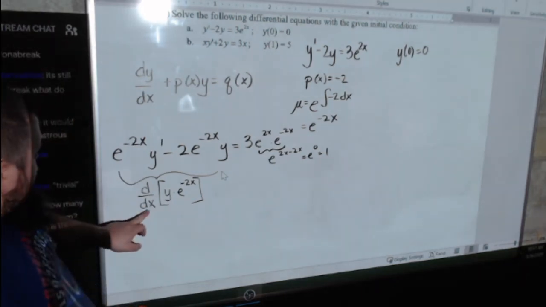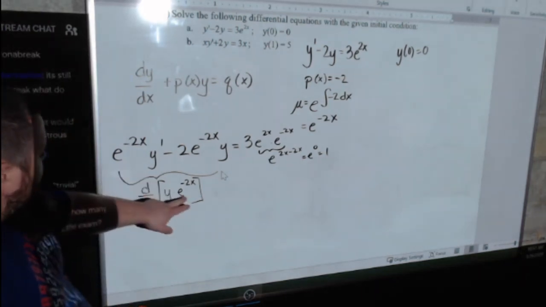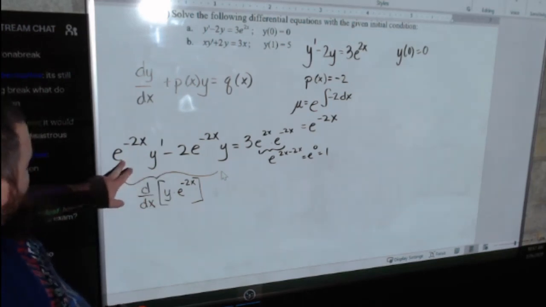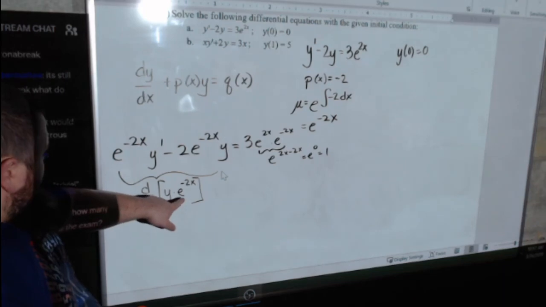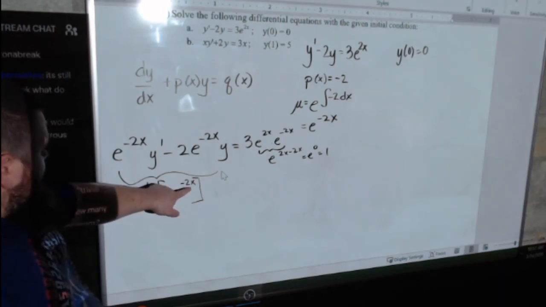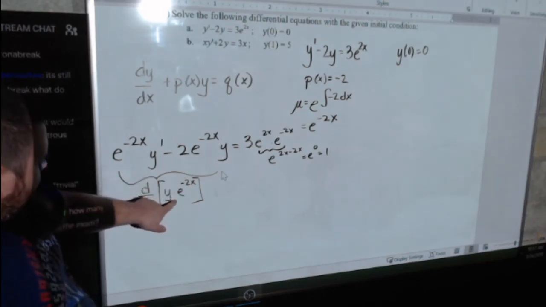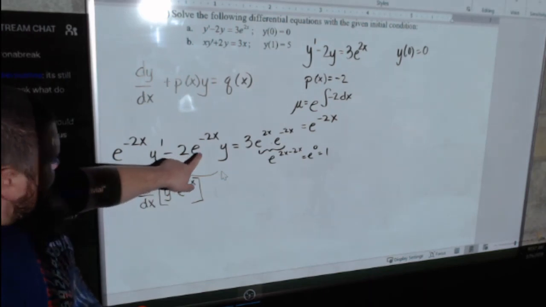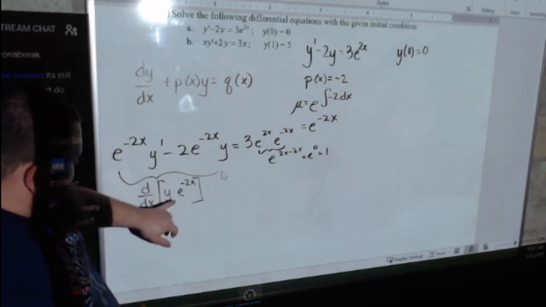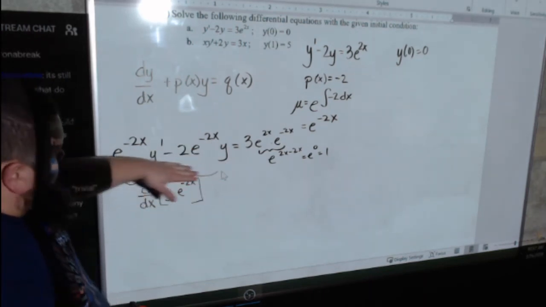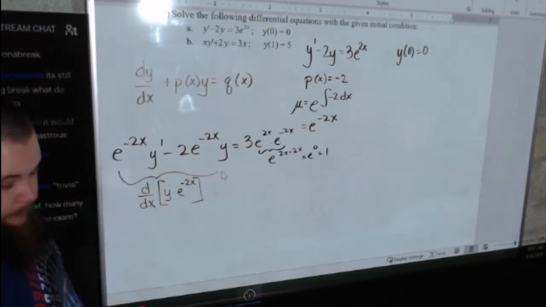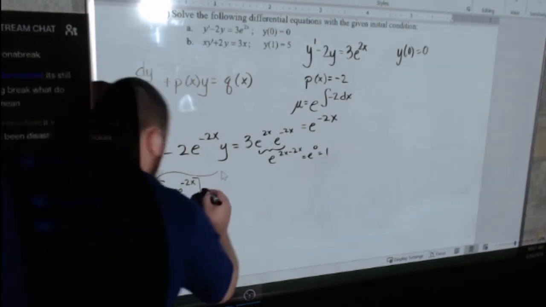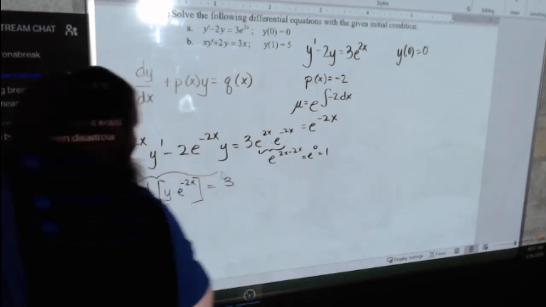Derivative of y with respect to x, that's y prime. Leave e alone. That's your first term. Then take the derivative of e to the minus 2x. That minus 2 comes down in front, so you get minus 2 e to the minus 2x. You leave the y alone. That all looks good. And then over here we just have equals 3.